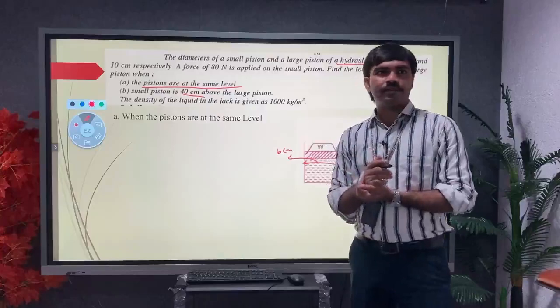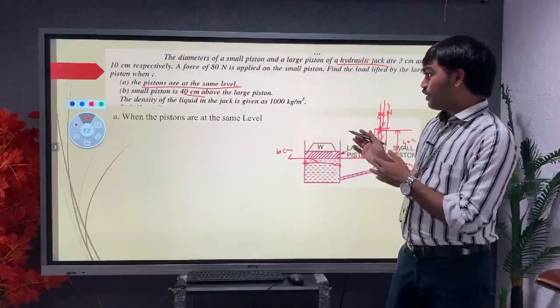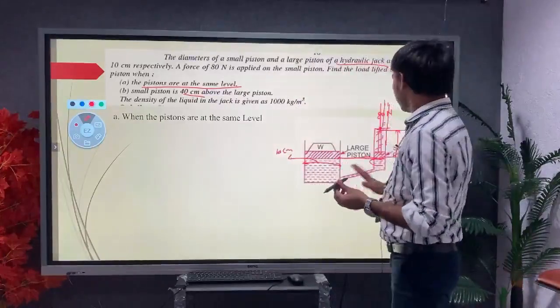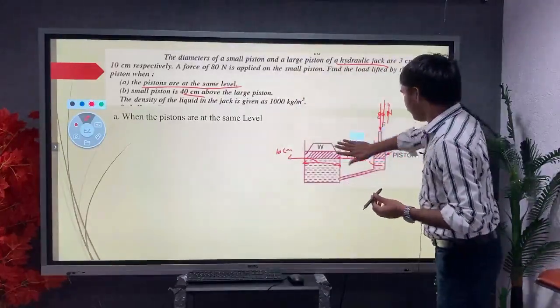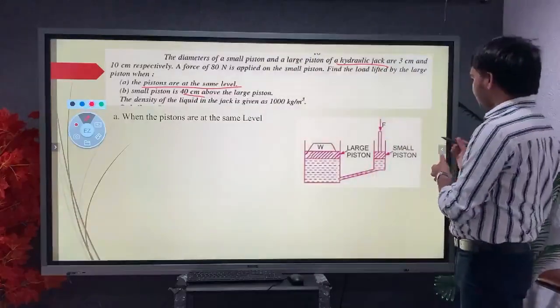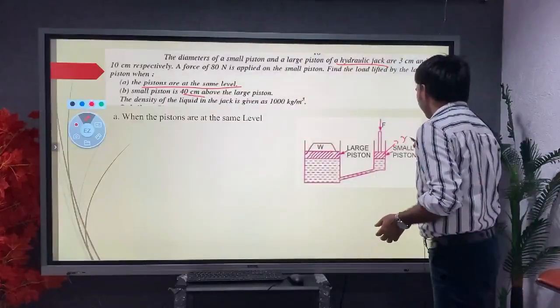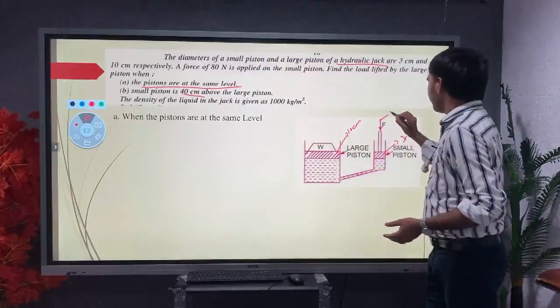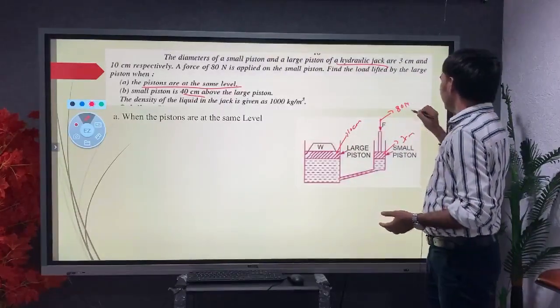So first we are trying to solve the problem when the pistons are at the same level. Yeah, see, this diameter is 3 centimeters and this diameter is 10 centimeters, and here it is 80 newtons.